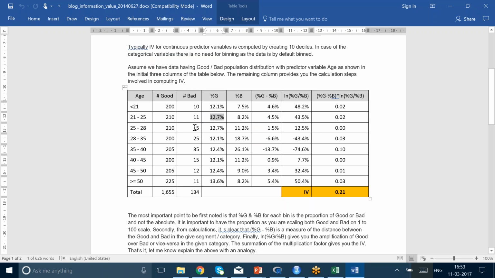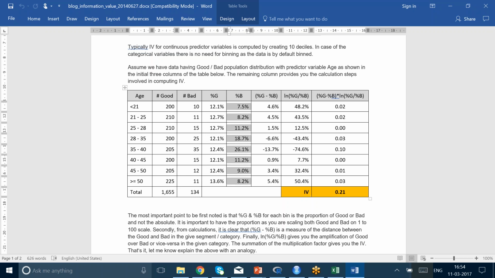It is 210 divided by 1655. Likewise, I am computing what percentage of bads are here in each decile. So I can see addition of all these numbers will be 100. Likewise, addition of all these numbers will be 100.